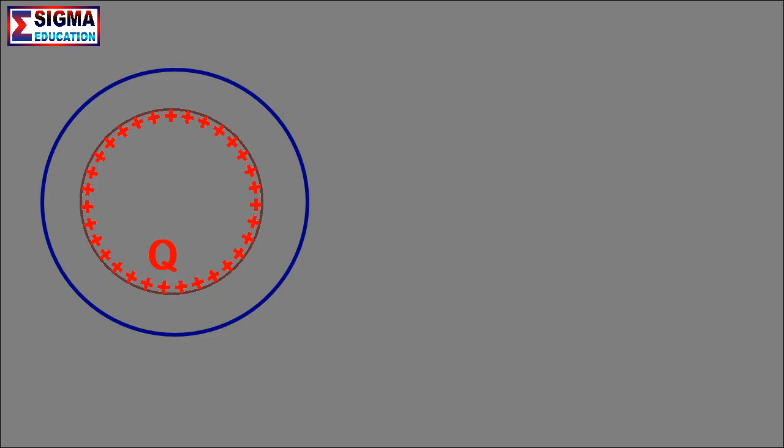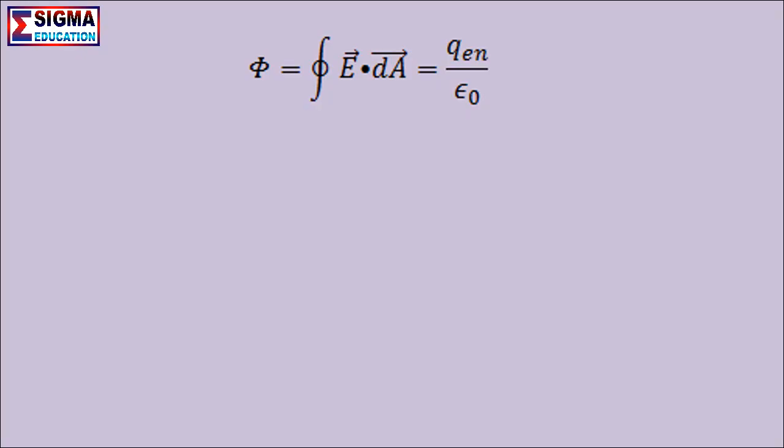Since the spherical shell is completely inside the Gaussian surface, the total charge enclosed inside the Gaussian surface must be equal to the charge on the shell. Therefore, Q enclosed equals capital Q, which is the charge on the spherical shell. Finally, we apply Gauss's law.